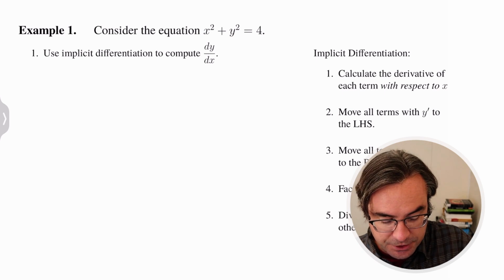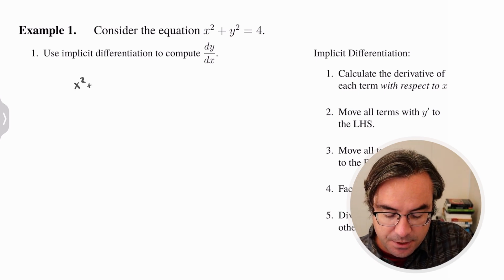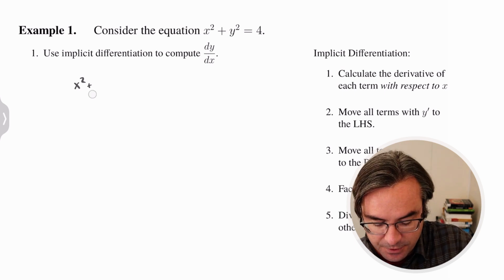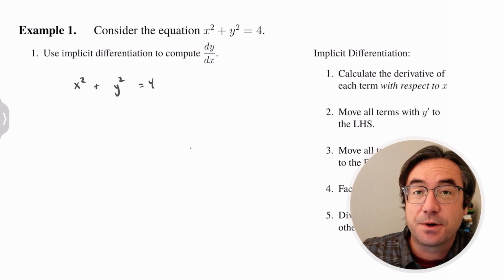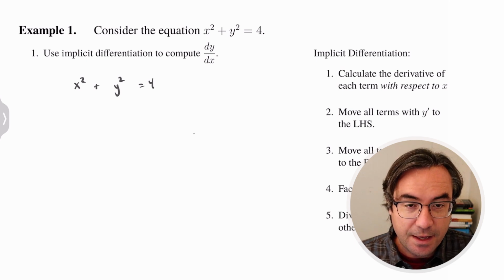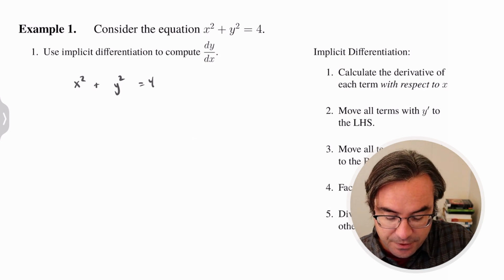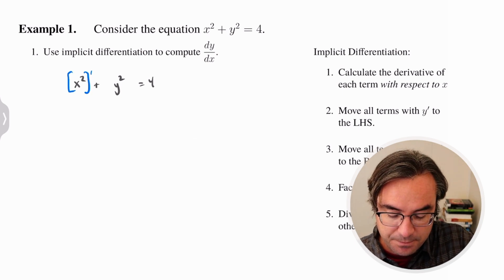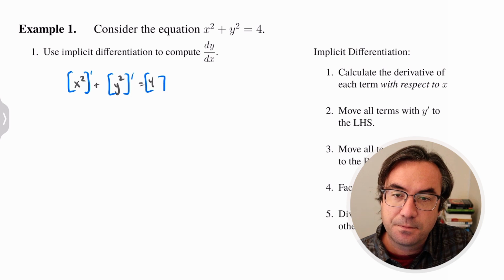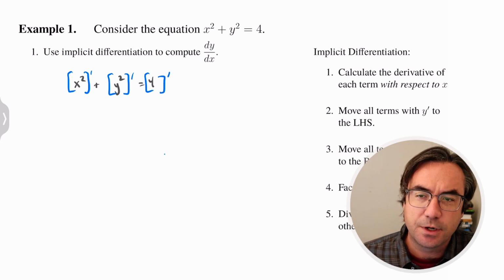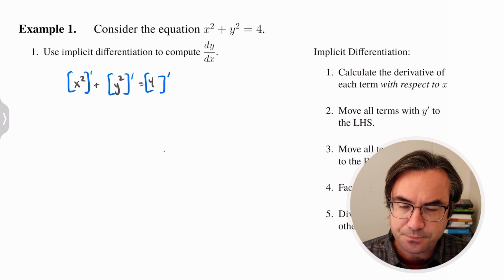So let's write down our equation again: x squared plus y squared equal to 4. And then we're going to apply the derivative to each term. So we're going to differentiate each term.